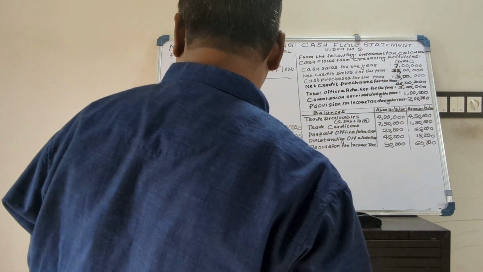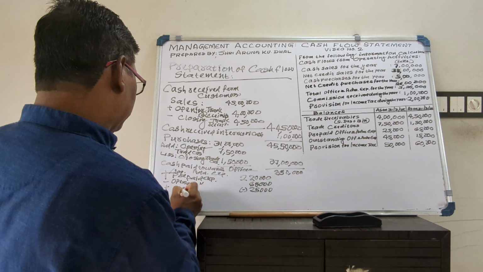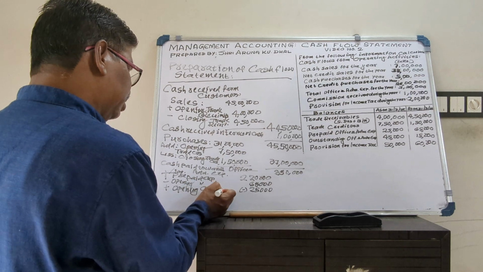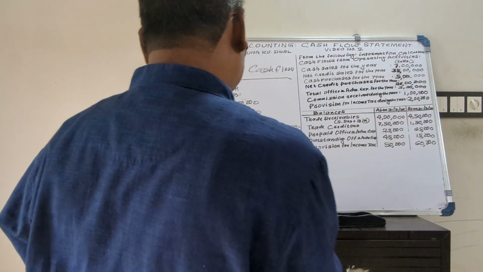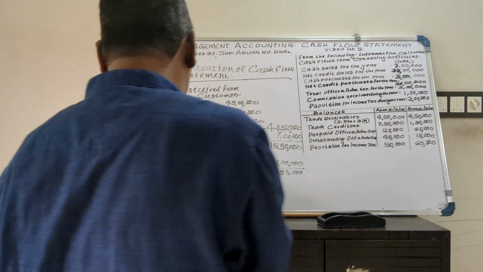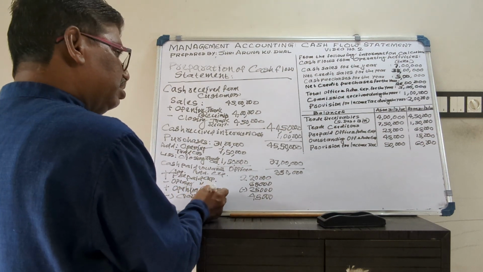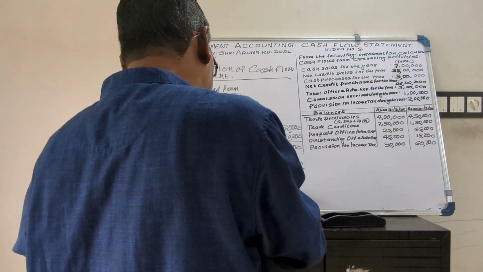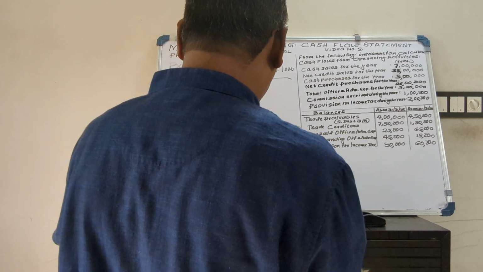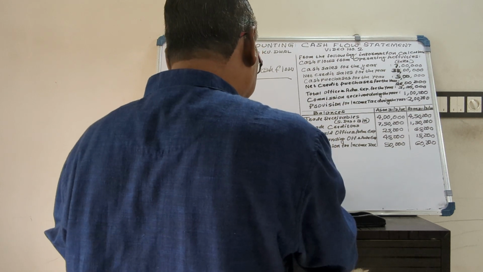This year we have to pay it. So plus opening outstanding office and administrative expenses, 45,000, minus closing outstanding expenses, 15,000. So it is 2,90,000.